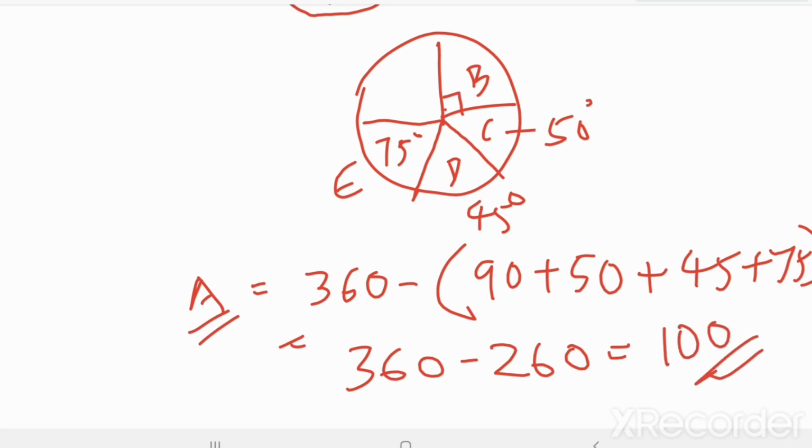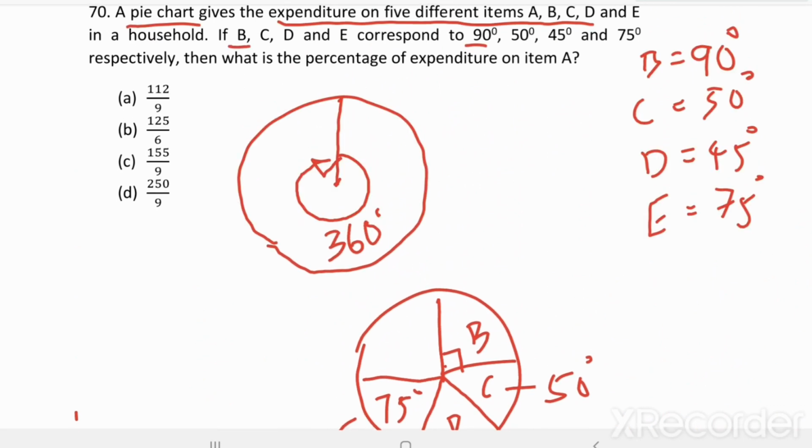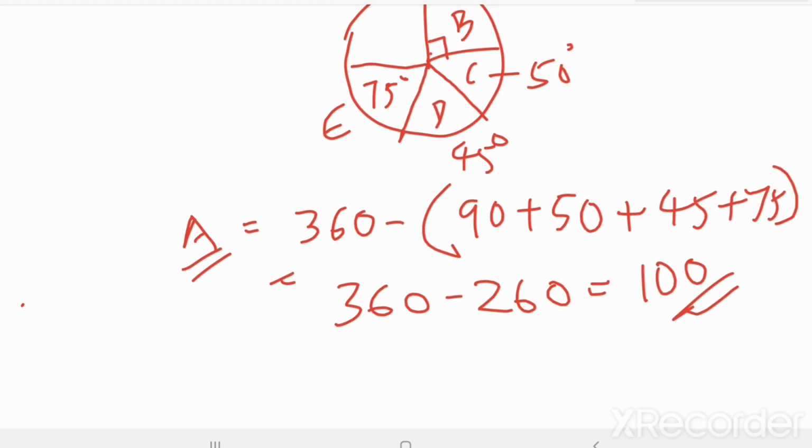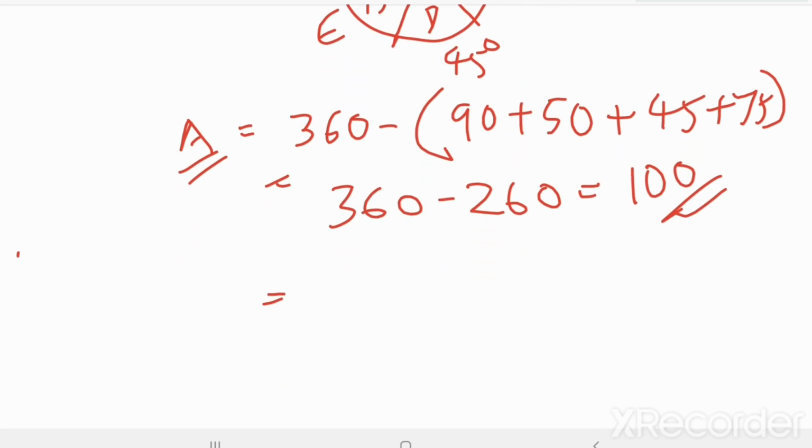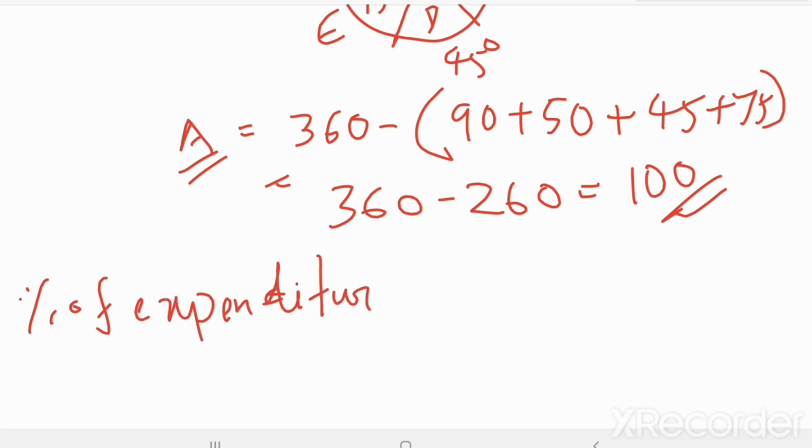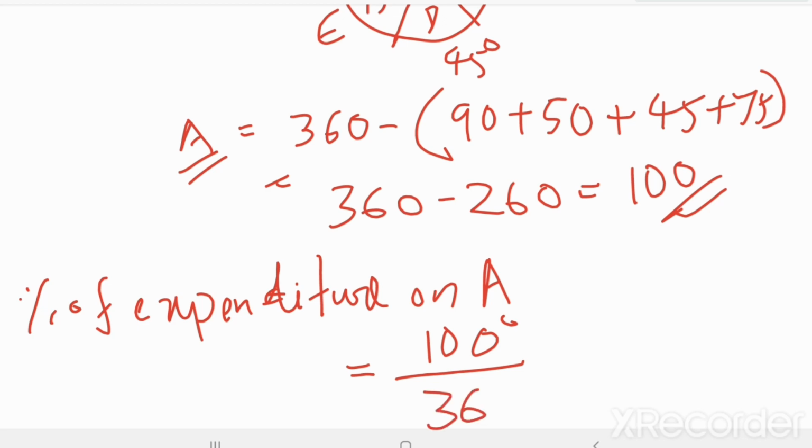Now we want to find what is the percentage of expenditure on A. We got expenditure on A equal to 100 degree and total expenditure equal to 360 degree. Then to get percentage, multiply by 100.